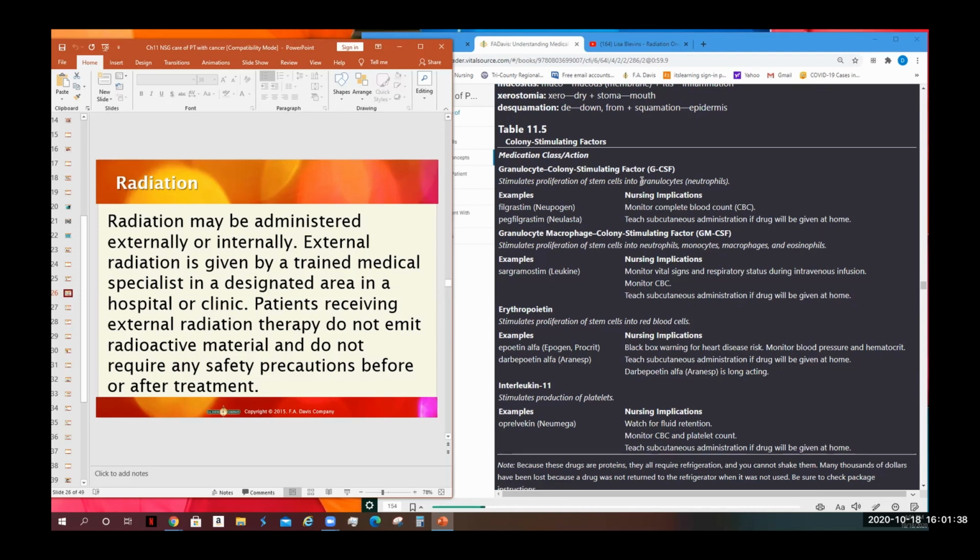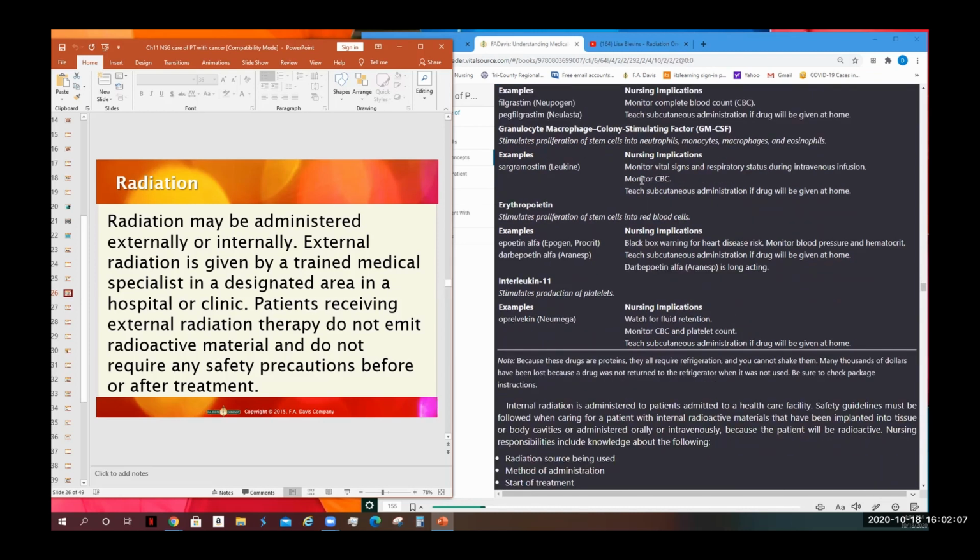Examples include sargramostim, which is Leukine, and the nursing implications for Leukine would be to monitor vital signs and respiratory status during intravenous infusion, monitor the complete blood count, and teach subcutaneous administration if the drug will be given at home.